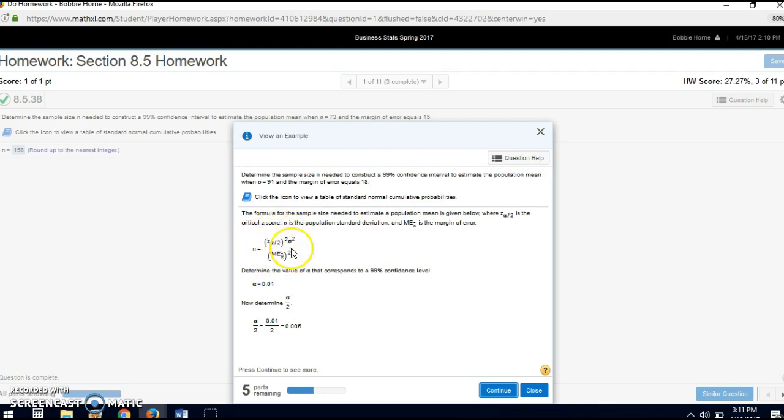We're going to have to look at the table to get our z value. Once we get our z value, we square it, and then we square whatever our sigma is, and we square the margin of error, multiply the top, divide by the bottom, and we will get our answer. So really, you're just plugging into the formula except for your z value. That requires a little bit more work.